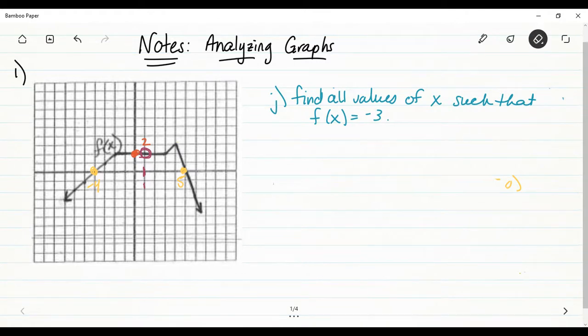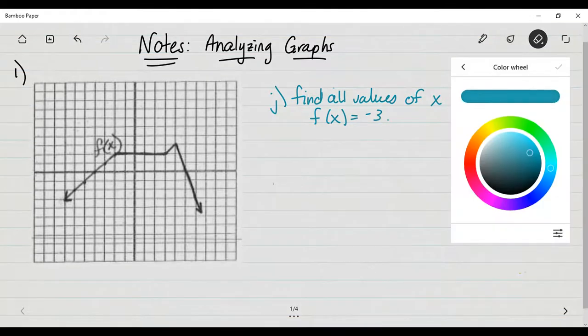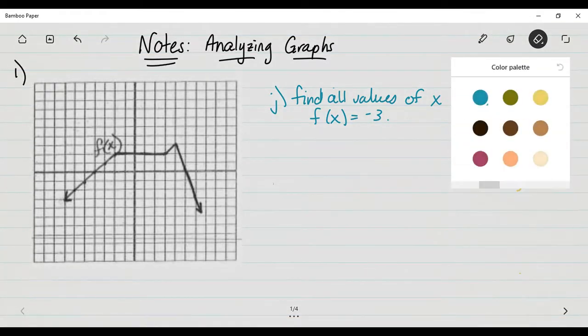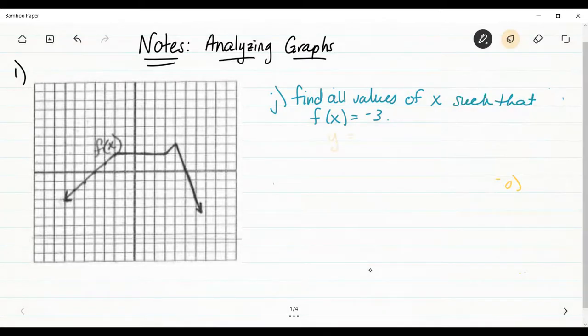We look at our picture. f of x equals -3. Another way of looking at that is saying, where is y equal to -3? We look at our picture, we want -3 for y, and 1, 2, 3, -3 for y is here.